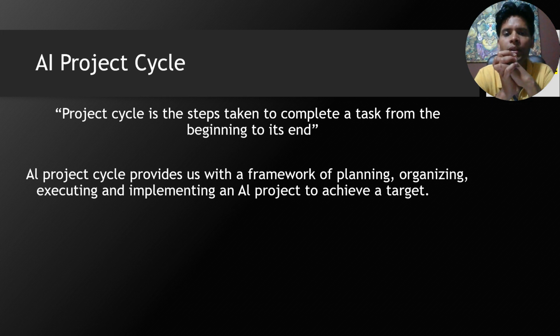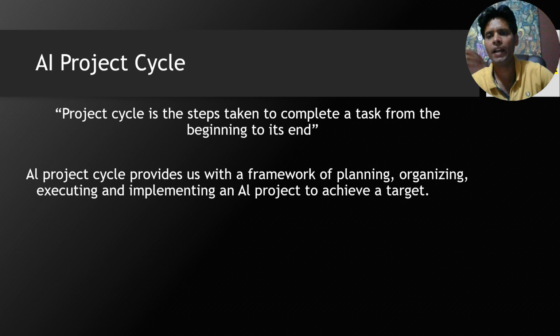For example, if you want to construct a house, the very first thing is to locate a land or to purchase a land, and till you move inside the house, you shift from your old to new house, is basically called project cycle.